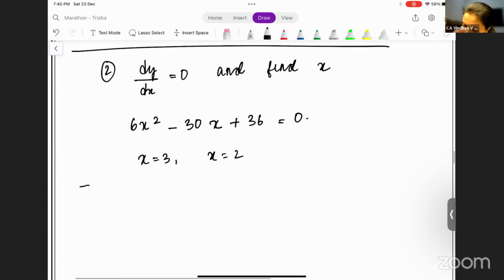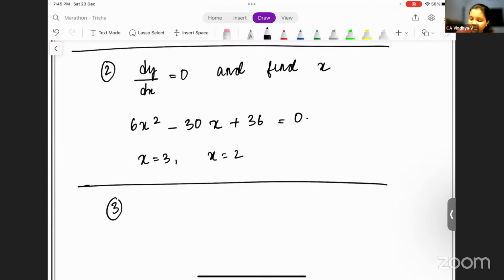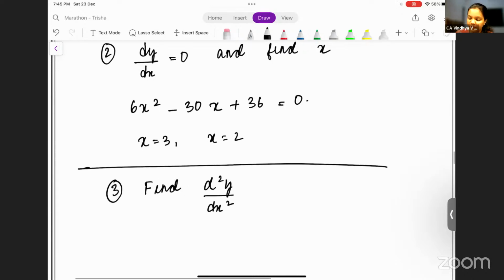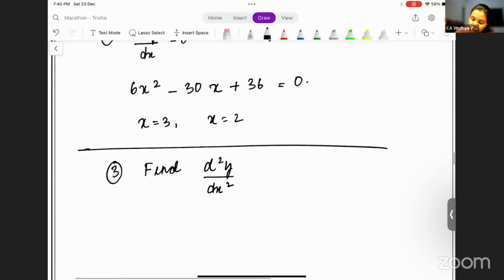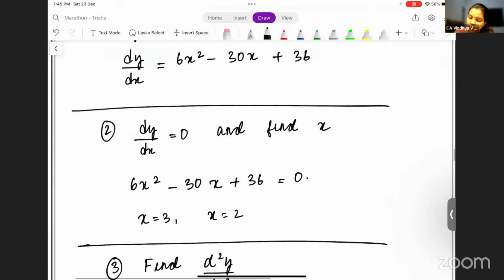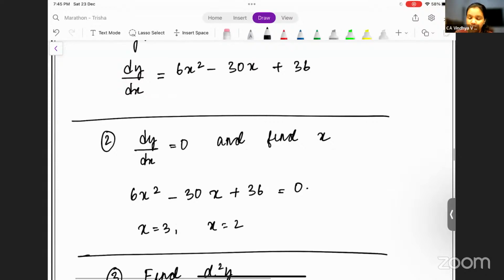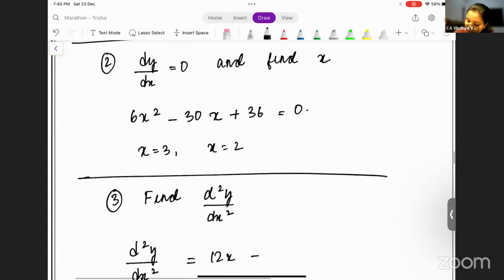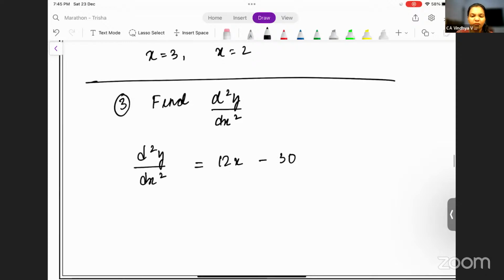Step 3. Find d²y/dx², which is 12x - 30. Lastly, fourth step.